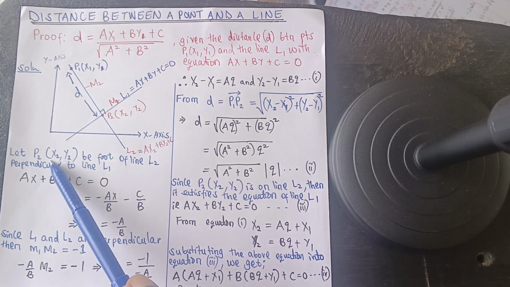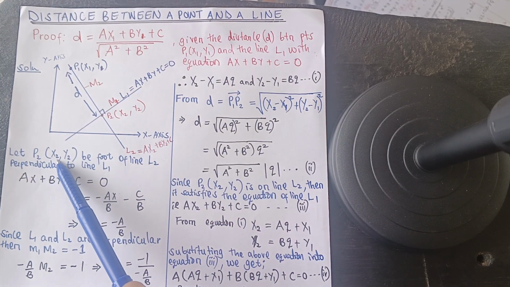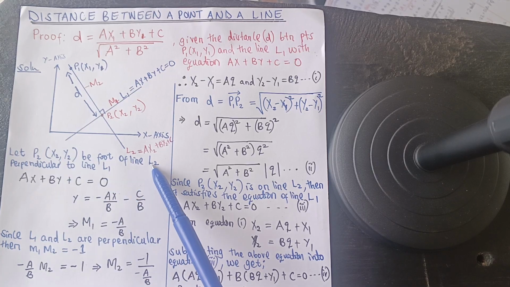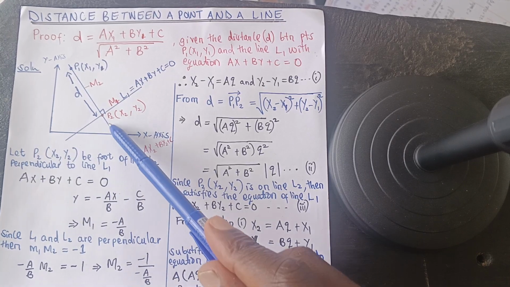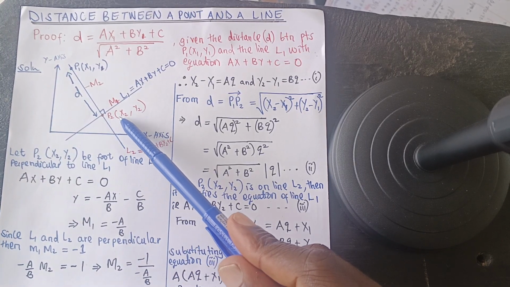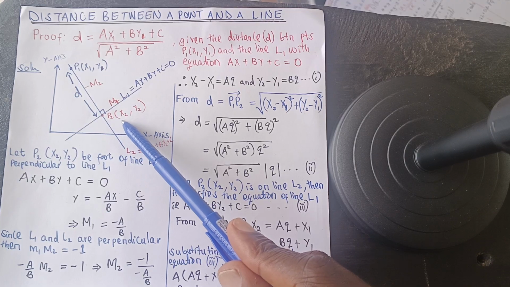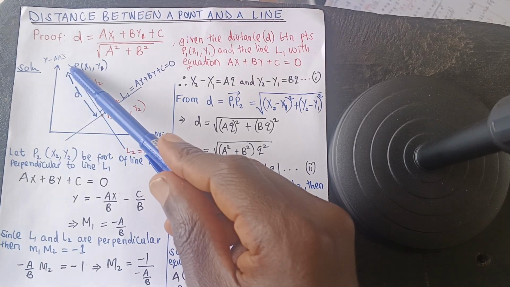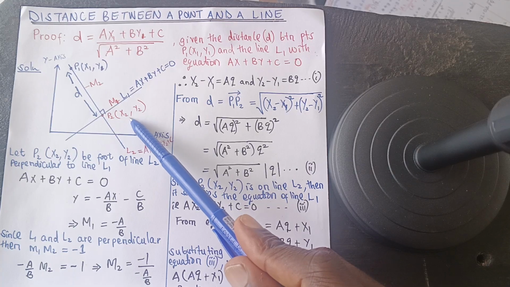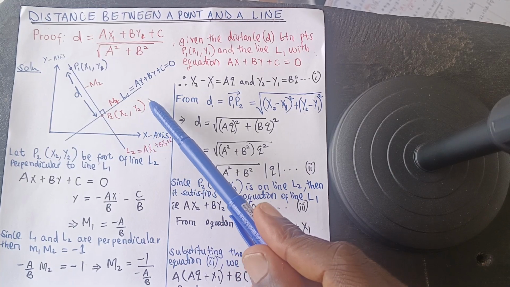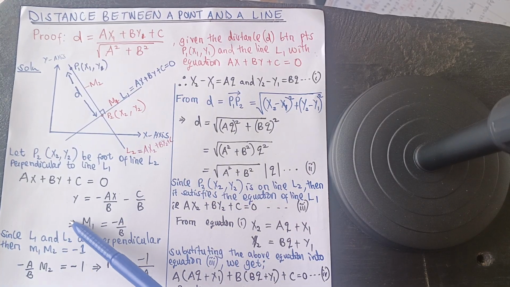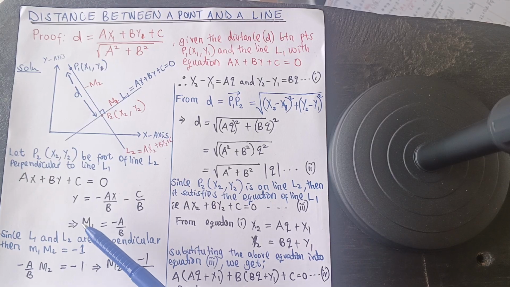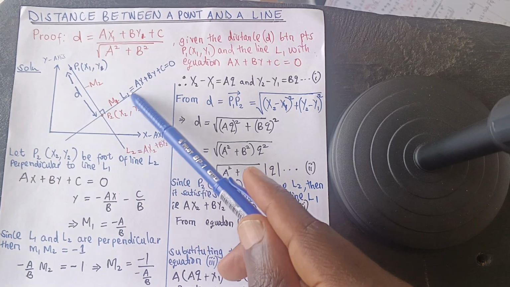First, let P2 (x2, y2) be the foot of the line L perpendicular to the given line. Therefore, we are going to find the gradient of this line.